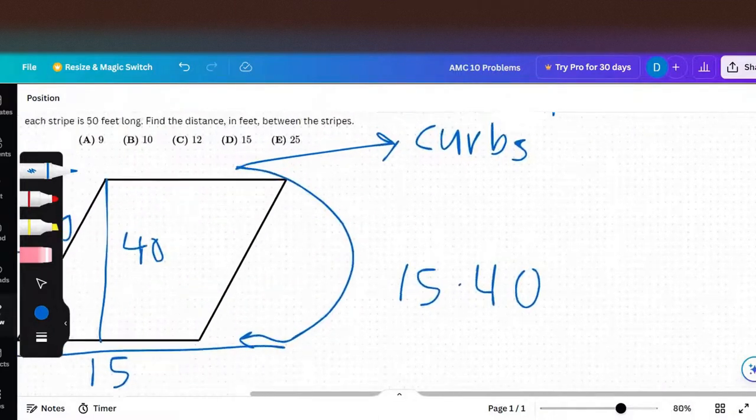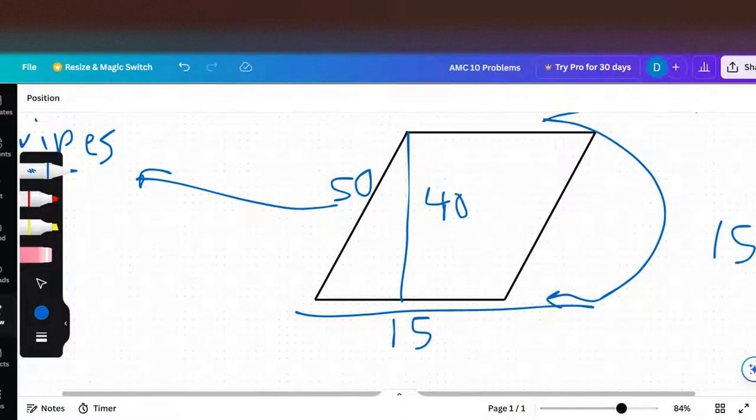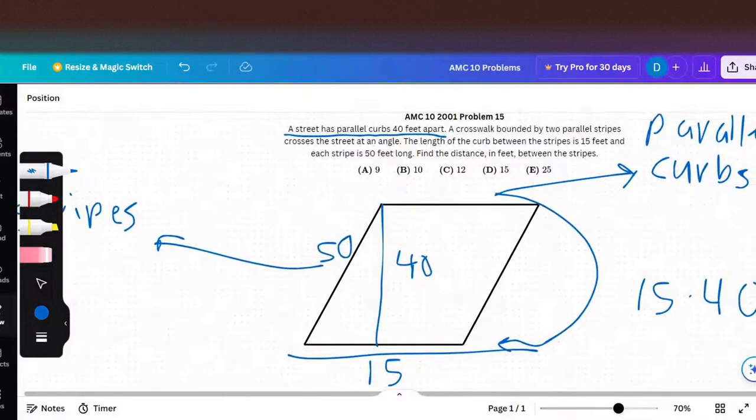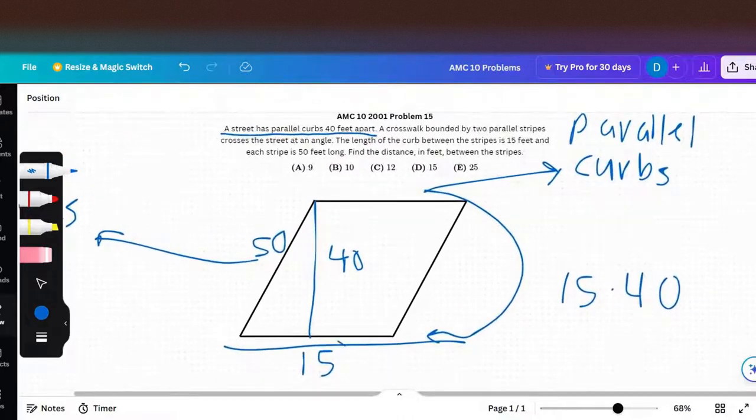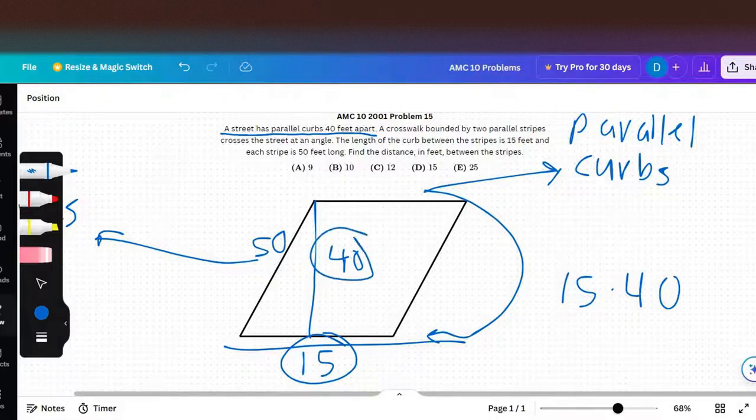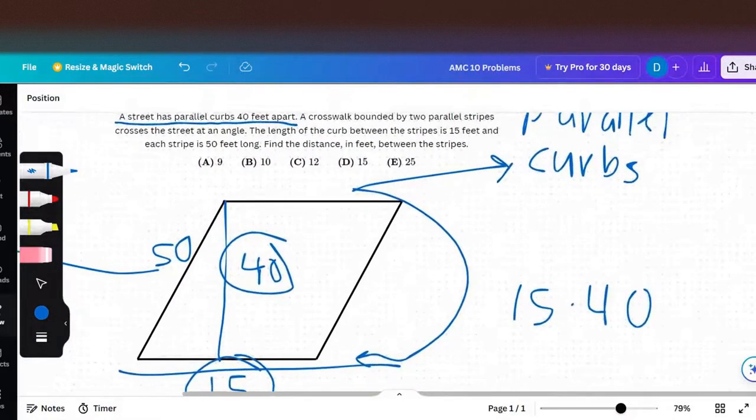The simple formula for the area of a parallelogram is base times height. In this case, the base is 15, and the height or altitude is 40. The height and altitude are basically the same thing.